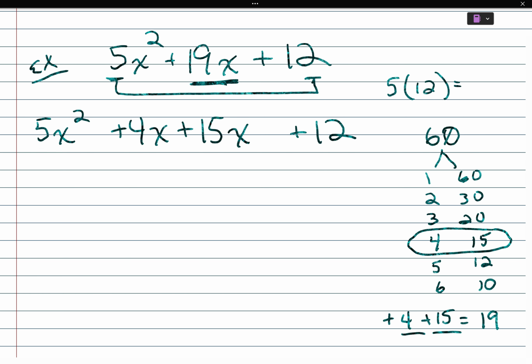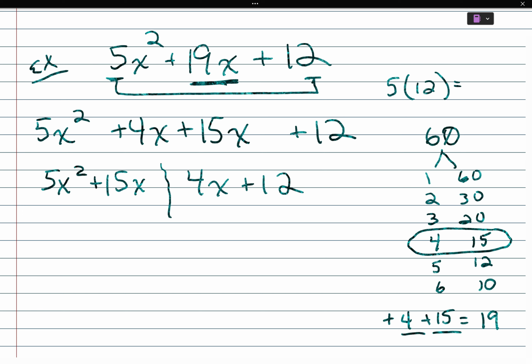So here's a case where I'm going to do the grouping, but now I'm going to physically pick up my 15x and put it next to the 5x squared because I think they go together, and the 4x with the 12, because I think they go together. You don't necessarily have to group it like I did.